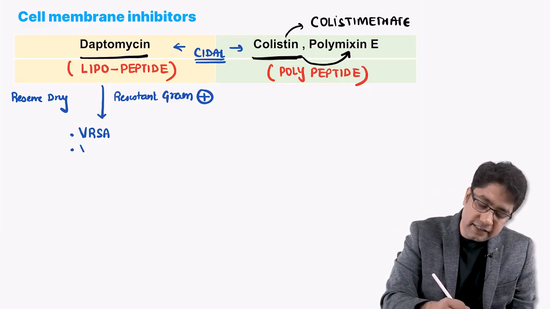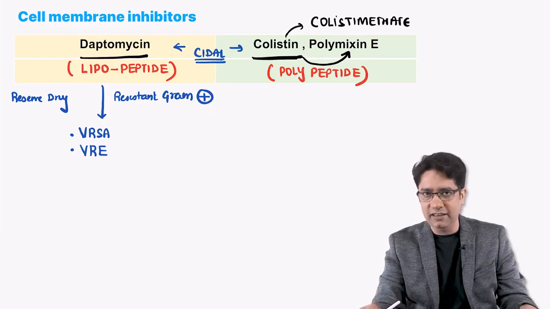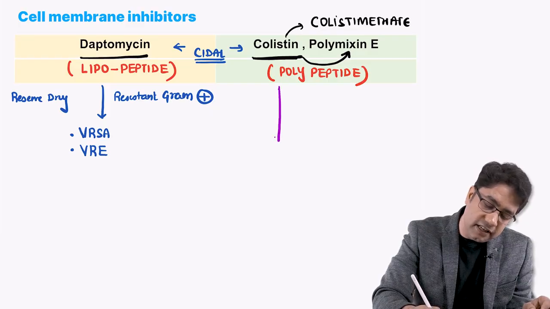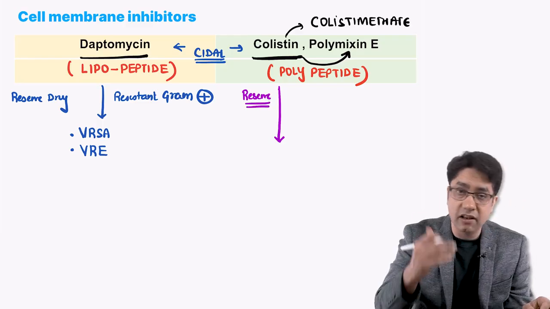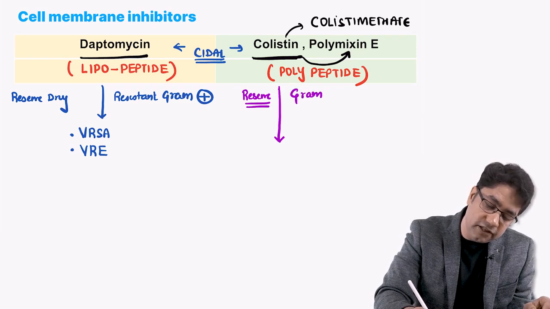And now can you guess what VRE is? VRE stands for vancomycin-resistant enterococci. What about colistin? Again, colistin is a reserve drug. Sometimes it is known as the drug of last resort for gram-negative infections.